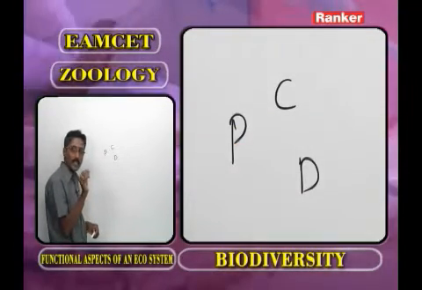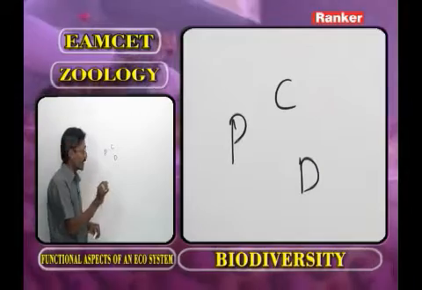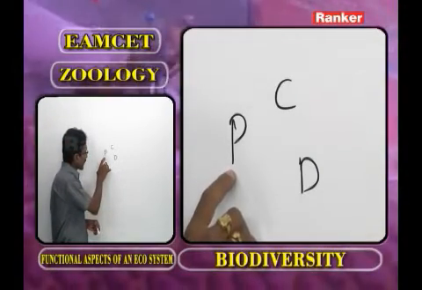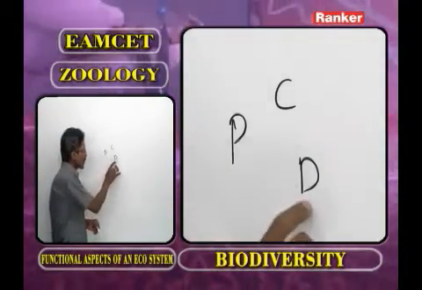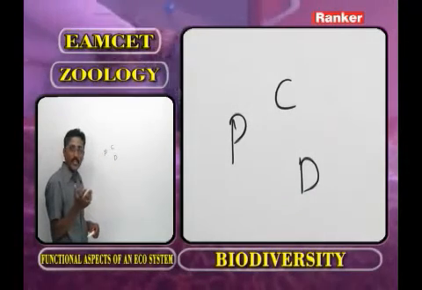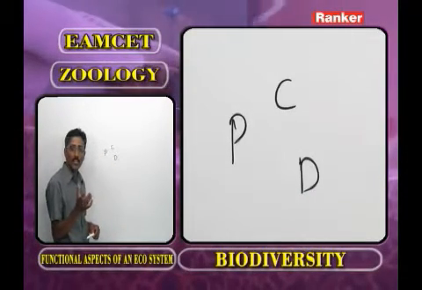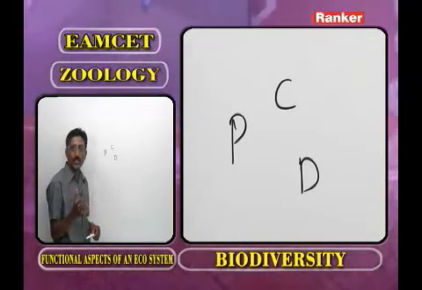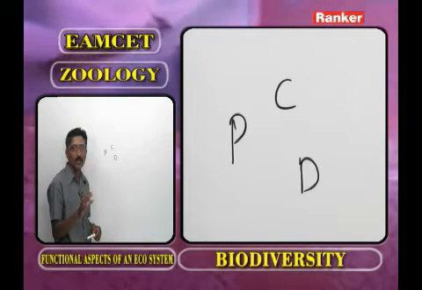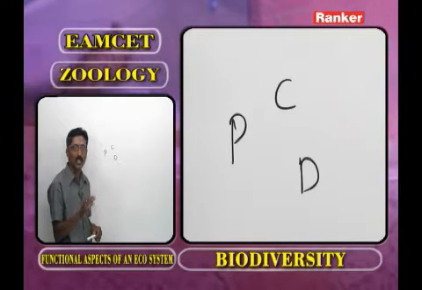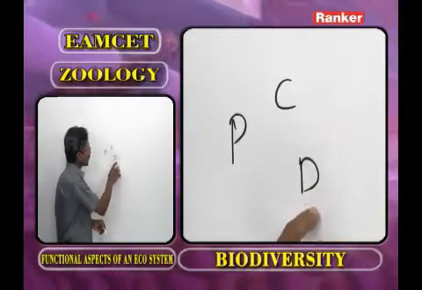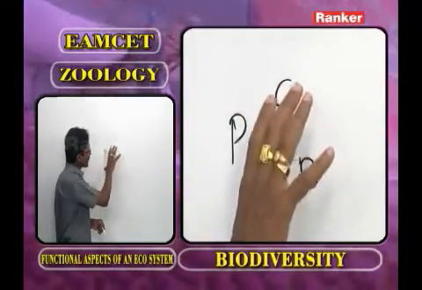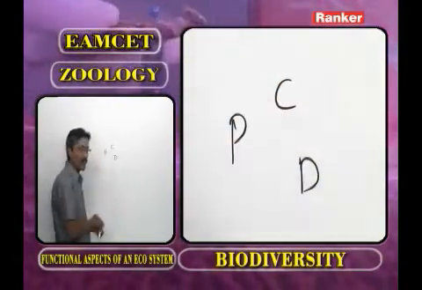Now we are getting the simple inorganic nutrients. Again, the simple inorganic nutrients are utilized by producers. So without decomposers, we are not getting the simple inorganic nutrients. Without simple inorganic nutrients, the producers do not prepare the food materials. So without decomposers, the nutrient cycle is largely affected.